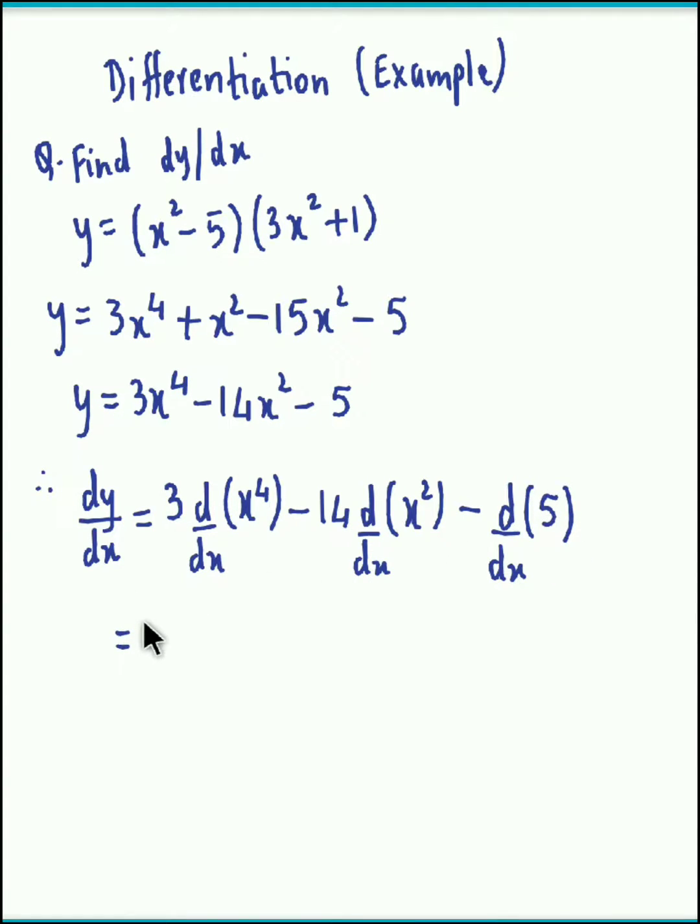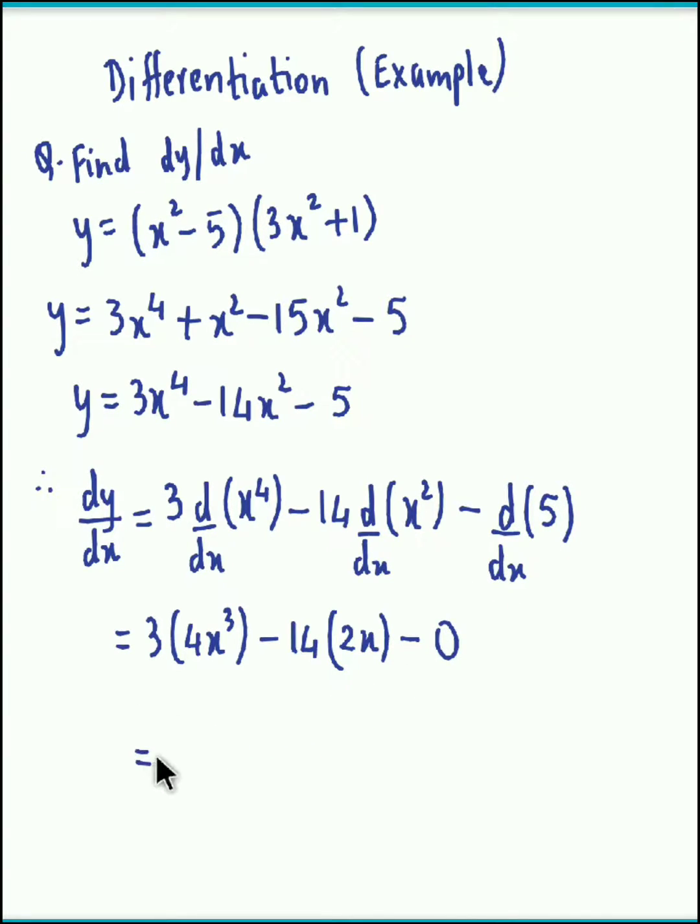So the next step is we obtain 3 times the derivative of x⁴ is 4x³, minus 14 times the derivative of x² is 2x, minus, now the derivative of a constant is 0.